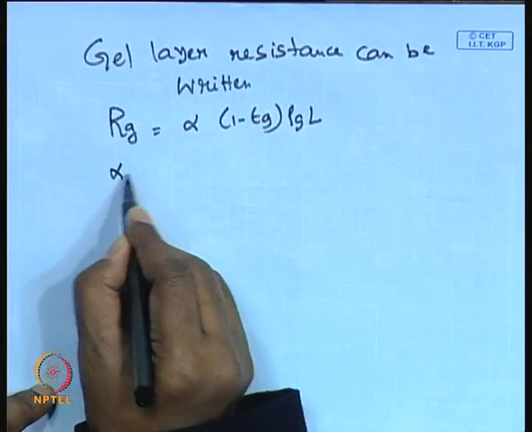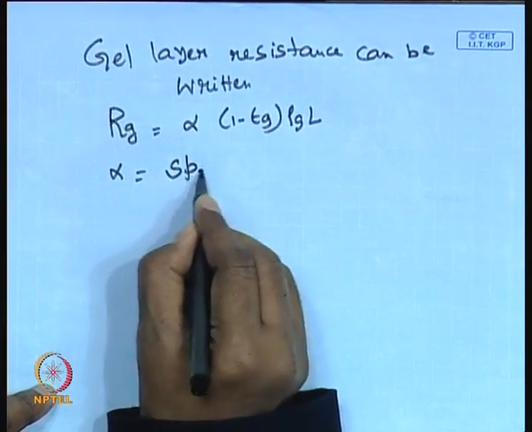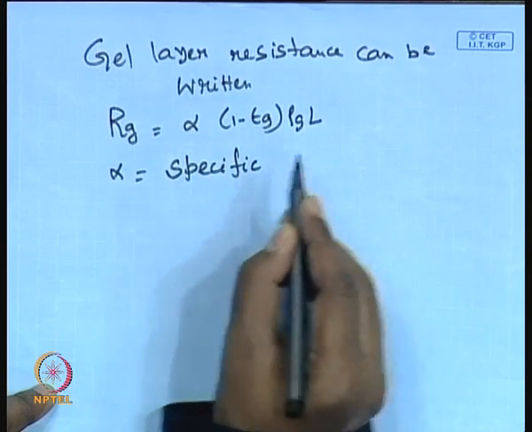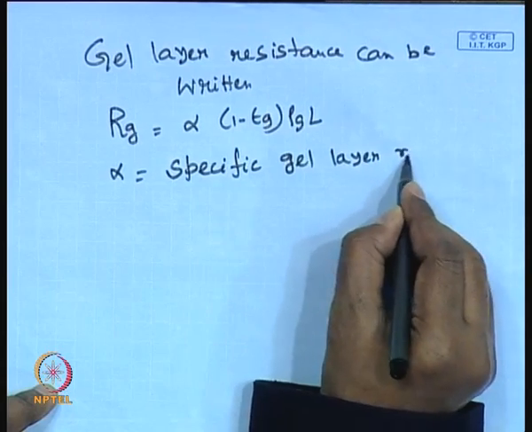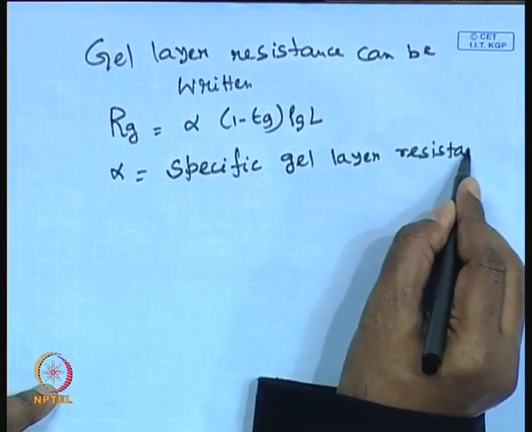Alpha is known as the specific gel layer resistance. Now, where do you get this equation?